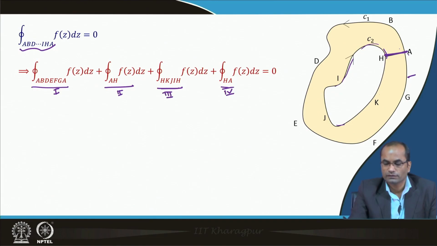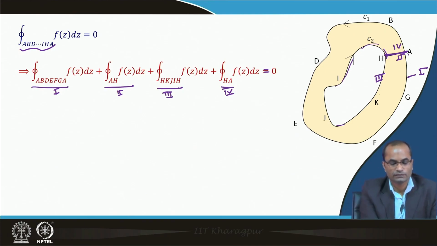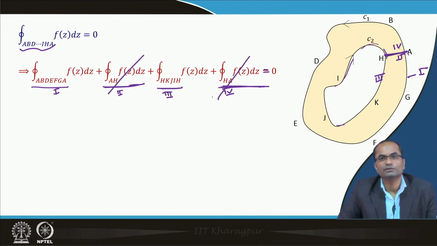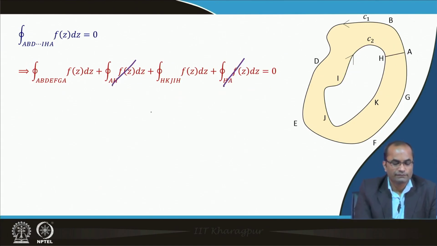So, the first curve is 1, then we have here the 2, and then the third one, the inner C2 curve, and then again the fourth one, this H A. So, this whole should be equal to 0, and we know the property of the line integral, this is an A H integral and this is an H A integral. So, only the direction is reversed. So, there will be a minus sign, and as a result these two will get cancelled. So, these two will get cancelled, and then we have the result.